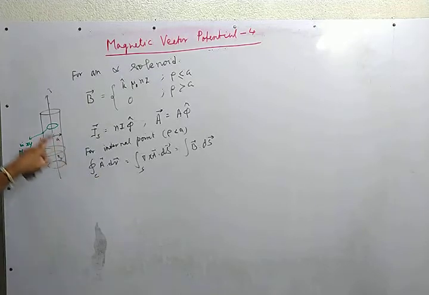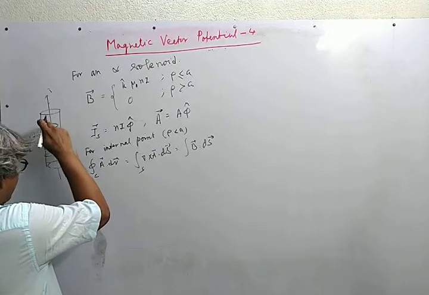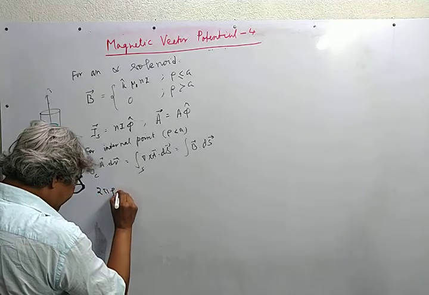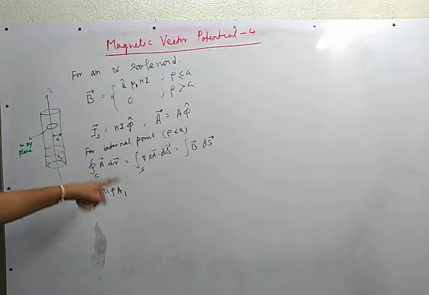On such a path, which is very similar to the Amperian path used in the derivation of magnetic field using Ampere's circuital law, we find that A and dr are parallel, so this integration becomes A times the periphery, as A has the same value everywhere on it. So this is equal to 2 pi rho A1, where A1 means the point is within the solenoid.